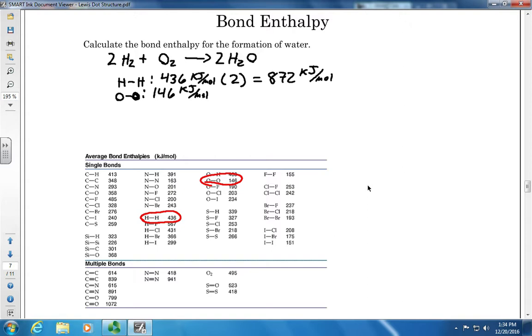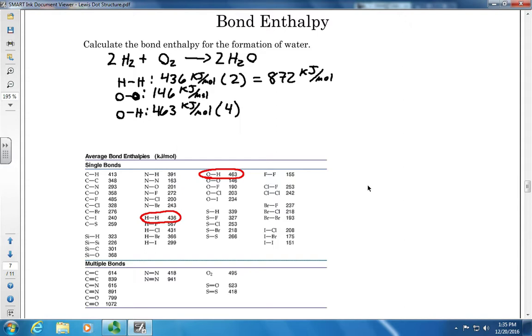So the last one we have is oxygen-hydrogen. And we just need to locate that. We actually covered it up in the last go round. It's right over here, 463 kilojoules per mole times 4.